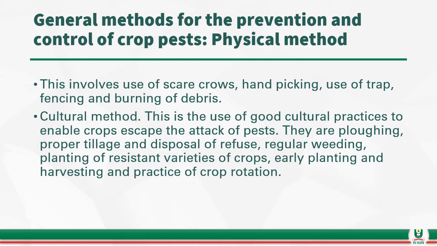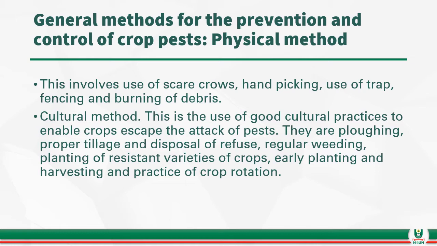You can use barbed wires to protect your crops, and also burning of debris, because if you keep debris, you attract pests. So the field must be clean, free from debris, and good cultural practices also enable crops to escape the attack of pests.